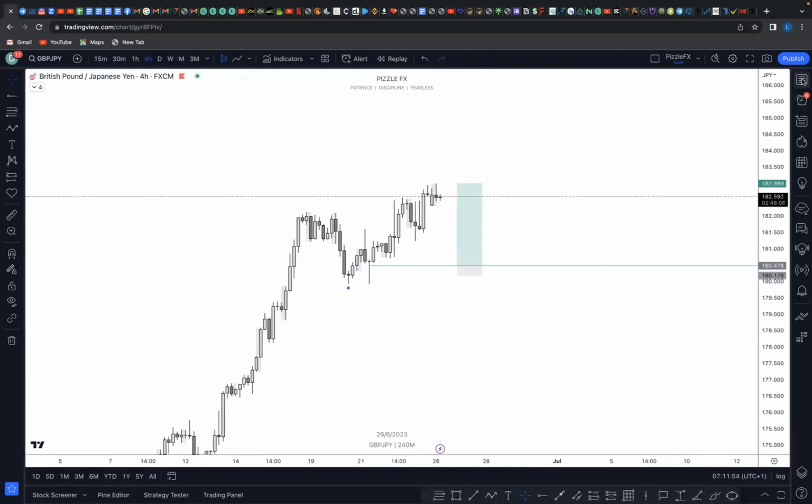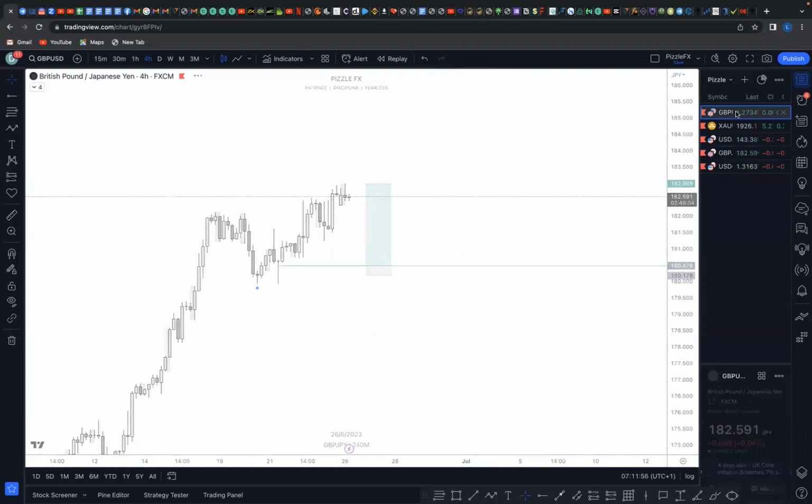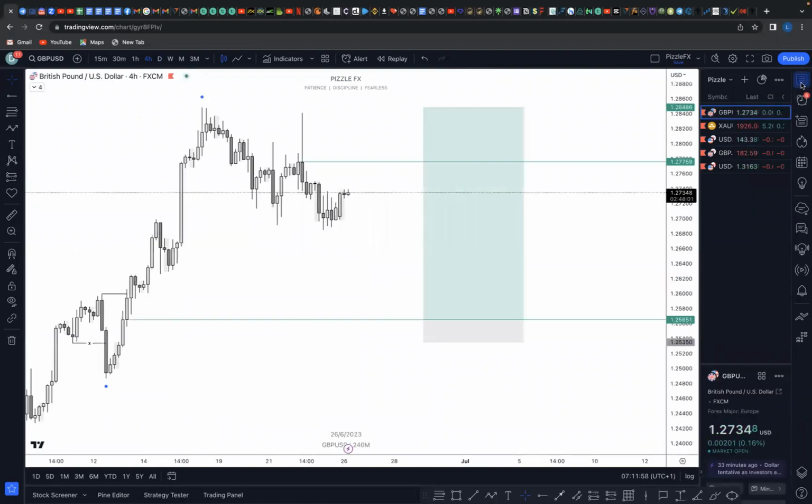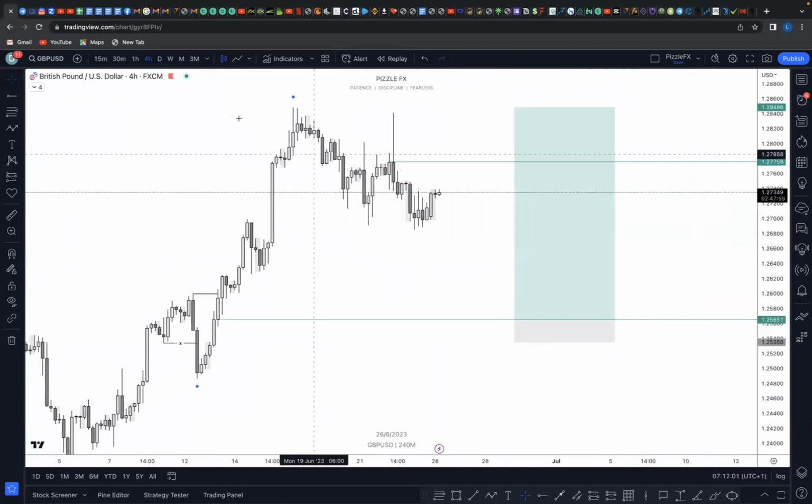So thank you. And let me recap GU for you. GU is our main pair. We are waiting for GU to get into this level in order for us to buy to the upside. Now we can take this counter trend. Now, if you are feeling that this counter trend's wick is too long, you can actually just wait for M5 confirmation entry whenever they tap into this green zone. Because I wouldn't want to use 65 pips.